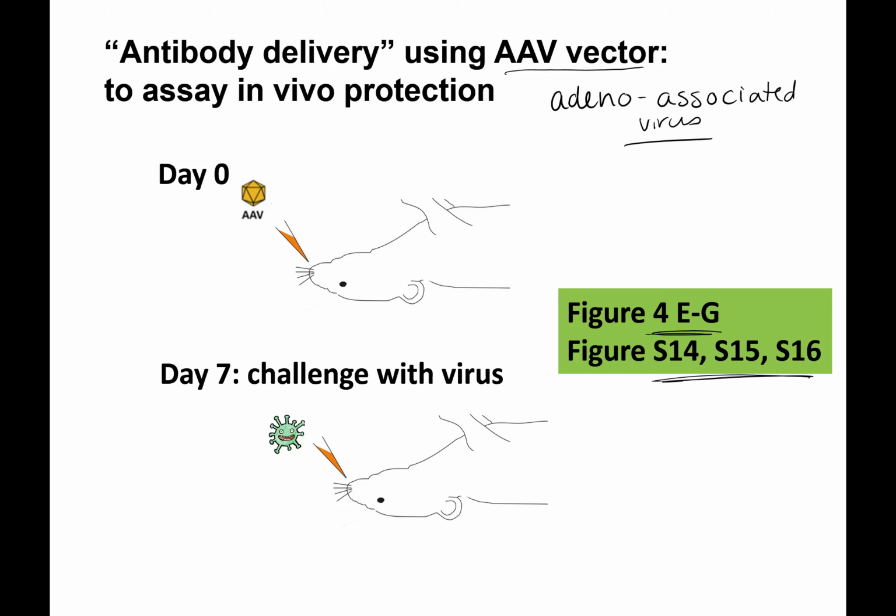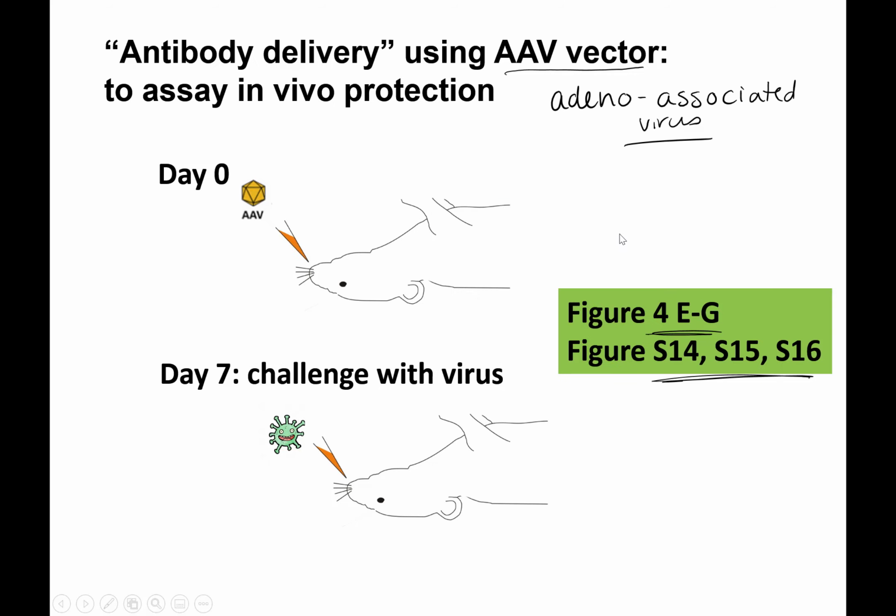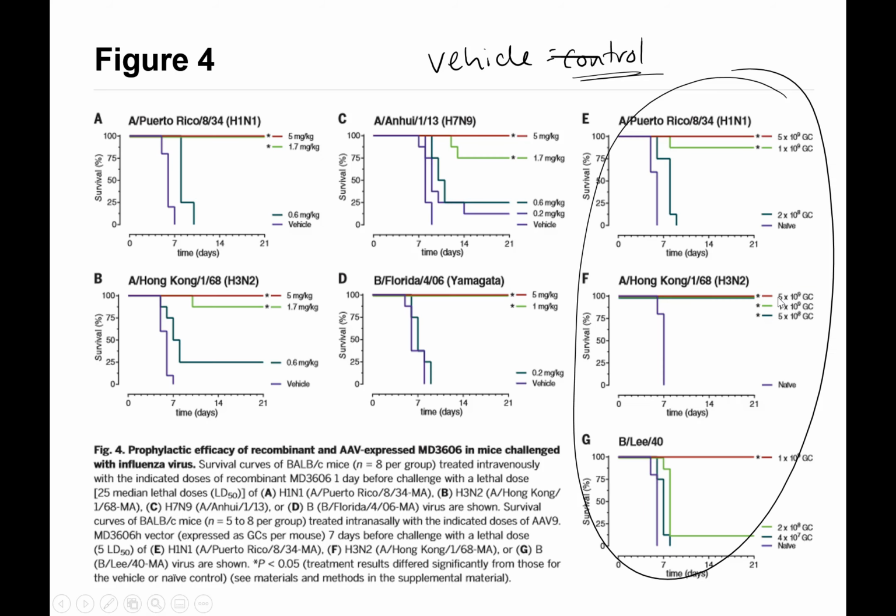And what they're doing here is instead of injecting the mice with antibodies, they are giving the mice this adeno-associated vector that contains DNA that codes for the multi-domain antibody. Okay, so the multi-domain antibody is going to actually be produced in the mouse. Then they do that same kind of challenge and look at survival curves.